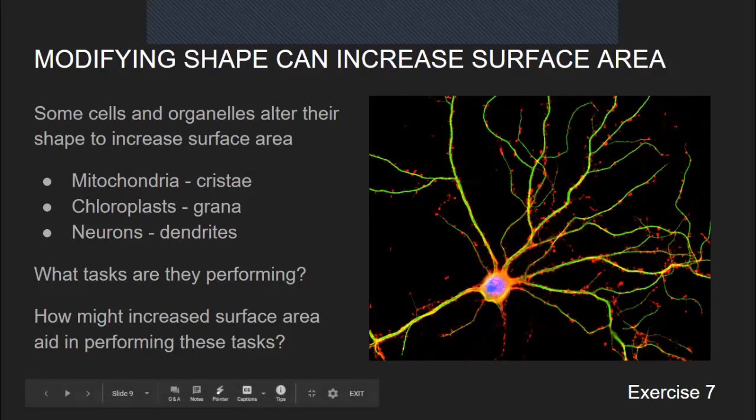This is the main cell body of the neuron, and all of these projections coming off of the cell are dendrites. And that's part of the cell. And you can imagine the surface area of these nice long tube-like portions is going to be much greater than if the cell had just been a whole circle. So it's increased its surface area.